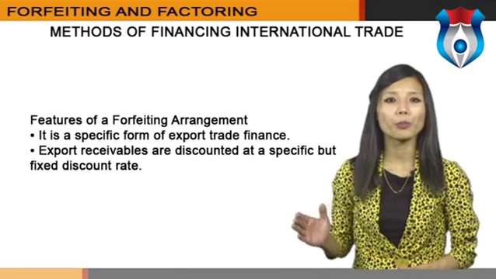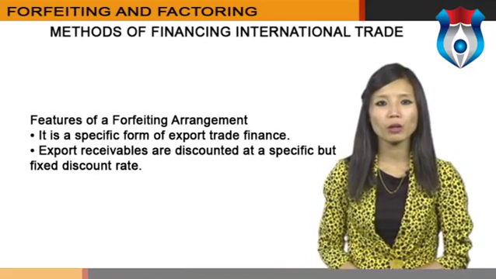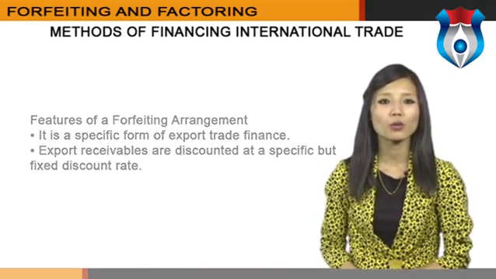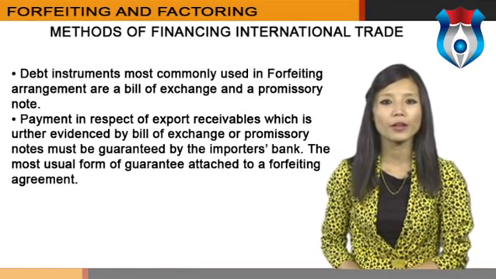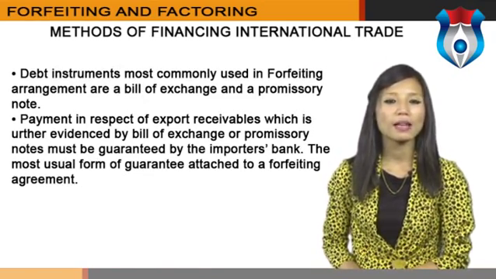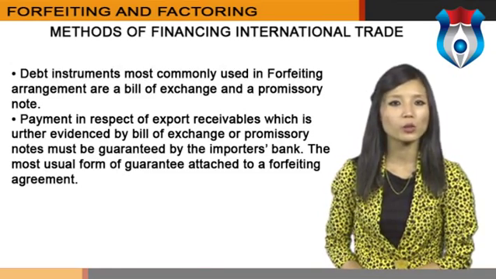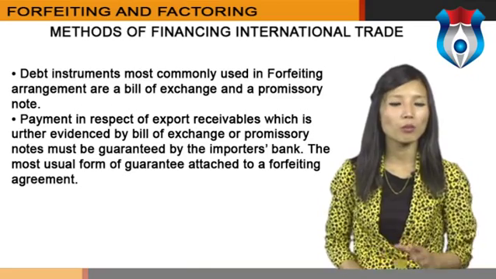Features of a forfeiting arrangement. It is a specific form of export trade finance. Export receivables are discounted at a specific but fixed discount rate. Debt instruments most commonly used in forfeiting arrangement are a bill of exchange and a promissory note. Payment in respect of export receivables, which is further evidenced by bill of exchange or promissory notes, must be guaranteed by the importer's bank.